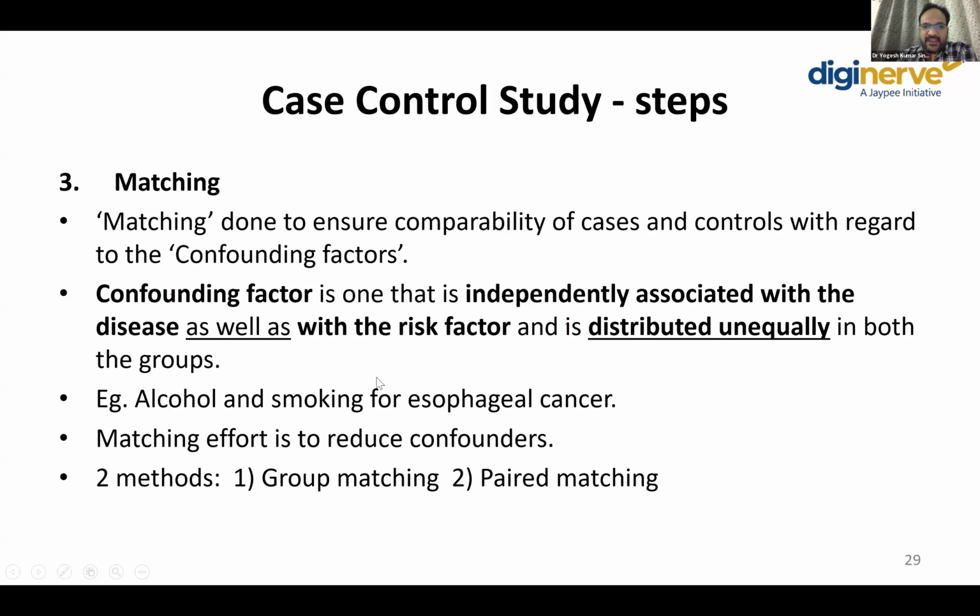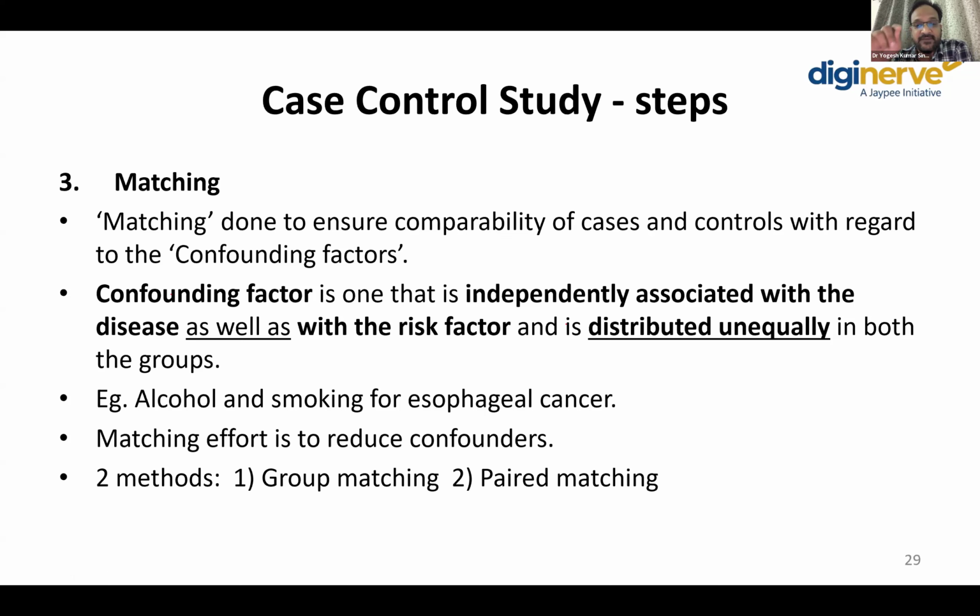Suppose alcohol and smoking for esophageal cancer. There are some people who smoke along with alcohol. When they consume alcohol, they usually smoke. In some movies, I saw a villain smoking a cigarette and tapping the ashes in the glass. So smoking and alcohol are both causative factors for esophageal cancer.